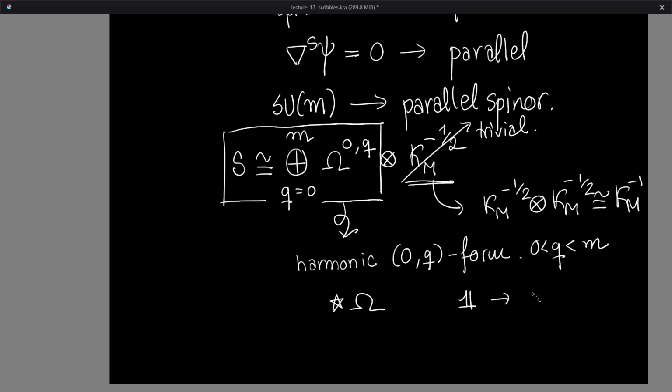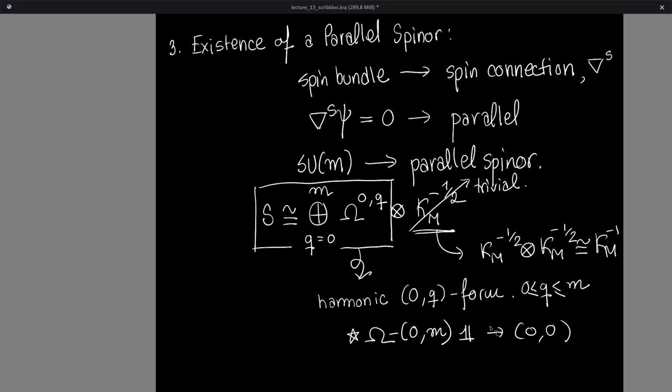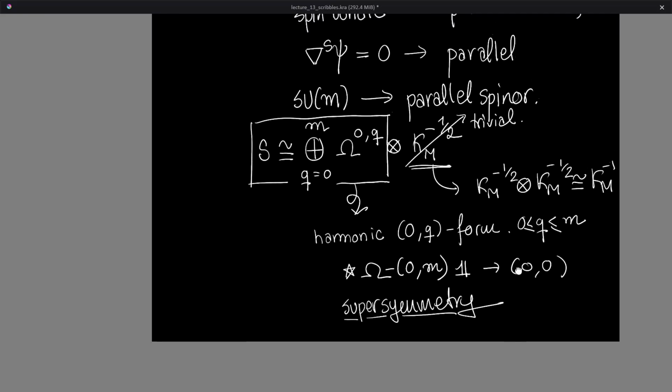That will be a (0,0) form, which also still applies. So this is our (0,m) form. And so we always have at least 2 parallel spinors. And the existence of these parallel spinors is required in supersymmetry, which is why we need this property for string theory. So it seems like we're at the end of the page. There is one more property.